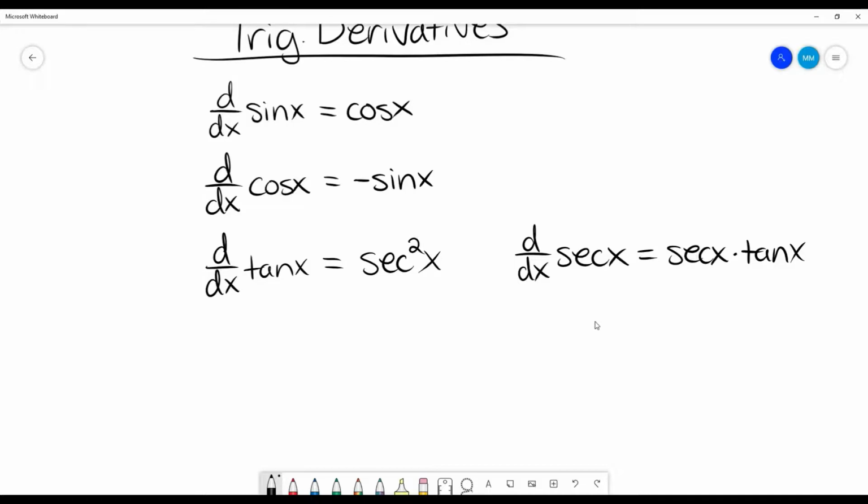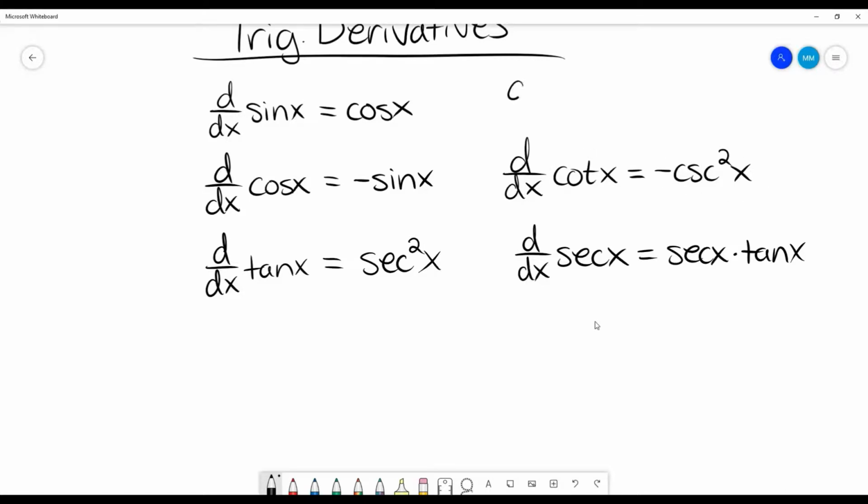Then I've also got cotangent, which is going to be a negative cosecant squared. Just like the derivative of tangent was secant squared, the derivative of cotangent is a negative cosecant squared.